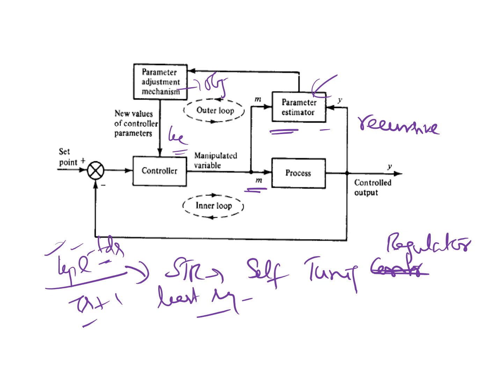So once the parameters are known to us, then those parameters are given to the adjustment mechanism so that you can adapt for the best values of the control parameters and immediately check those values with the controller, and then the control output is given to the process, and in that way you can manage the changes that occur. Okay, so this is called as self-tuning controller, or we can say self-tuning regulator.